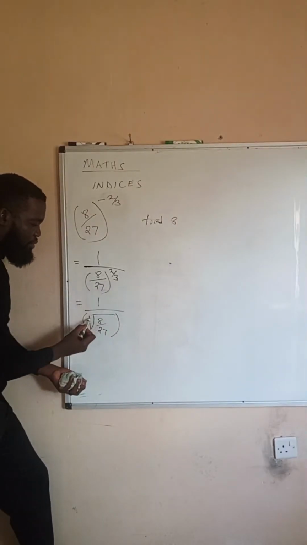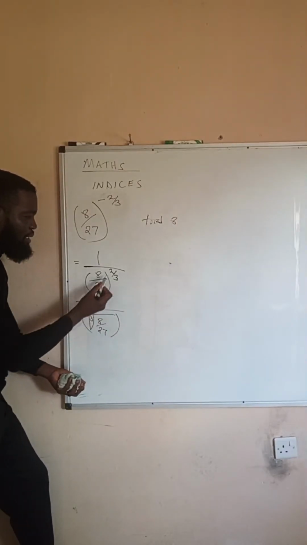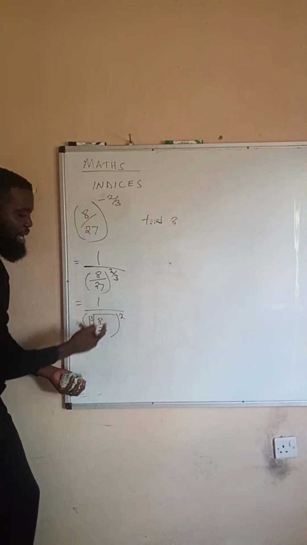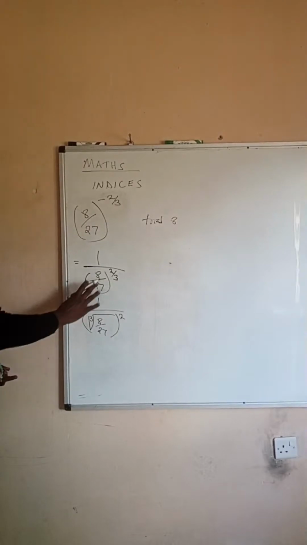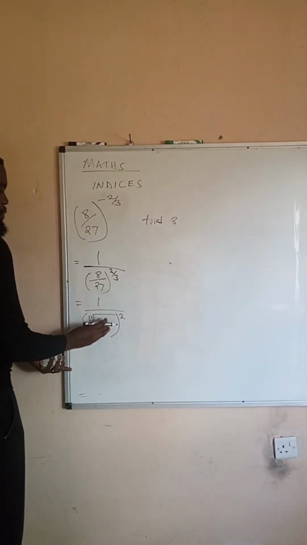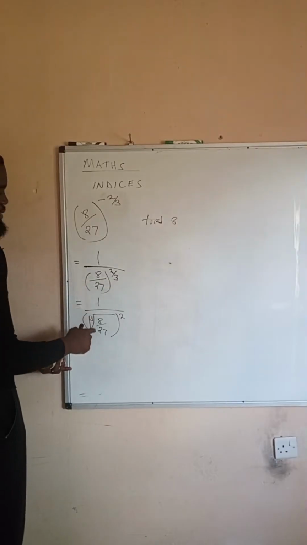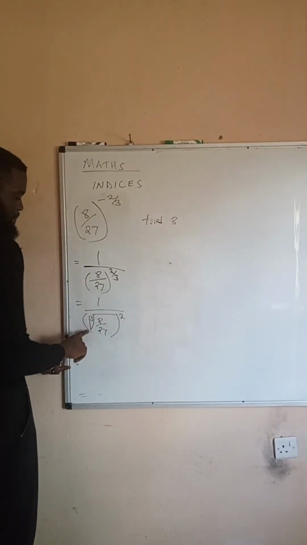This number down, you bring it in front of the square root. The number on top there, you bring it in front there as a power. Then you start your trials.